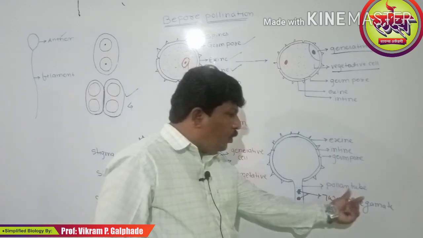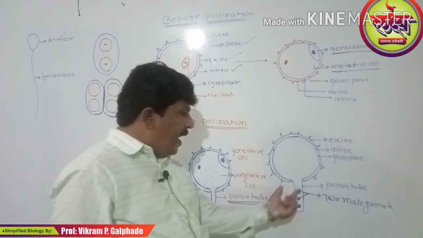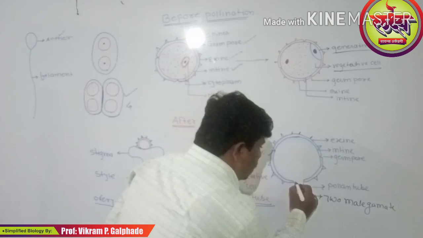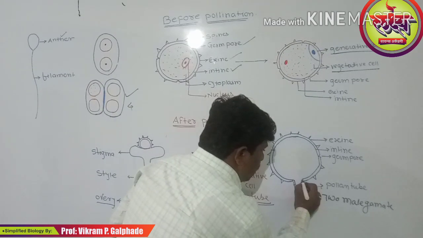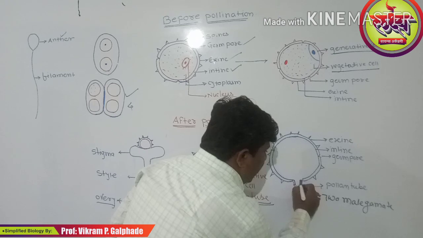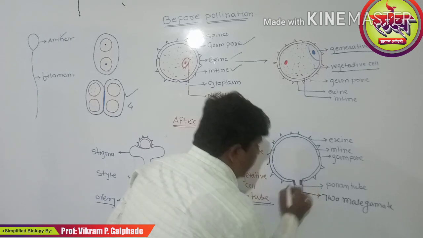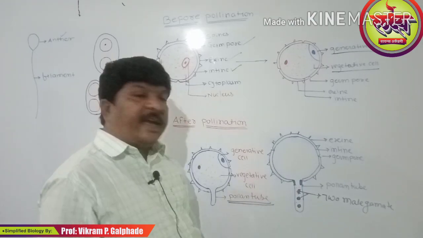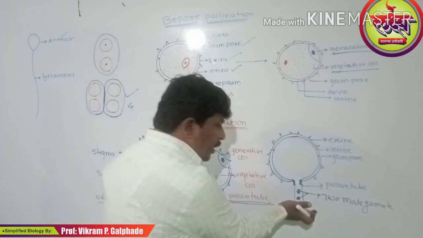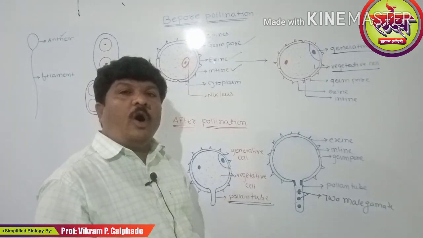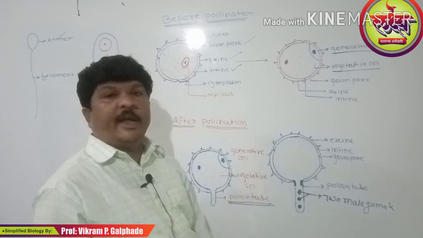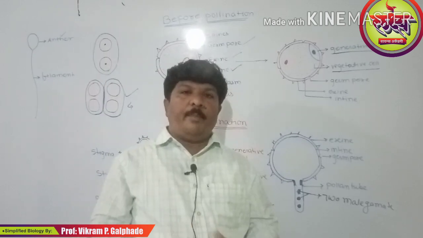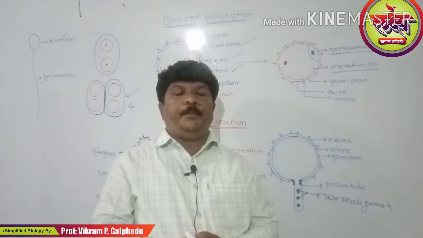Before formation of the two male gametes, at the neck of the pollen tube a lock is created, called the callose plug, and this callose plug prevents backward flow of cytoplasm into the entire grain. This overall process is called development of the male gametophyte.